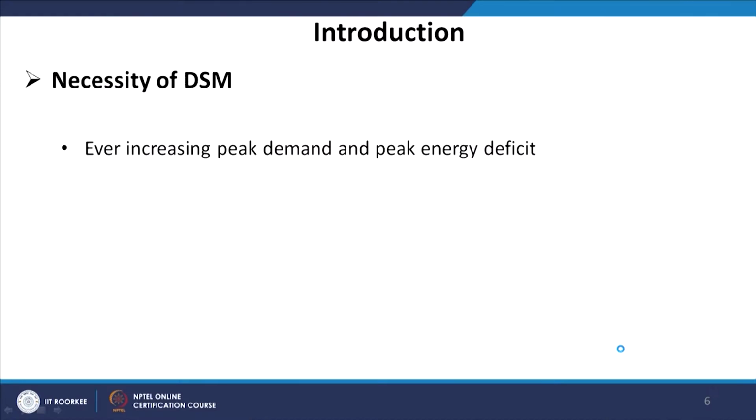Now, what is the necessity to go for DSM? Ever increasing peak demand and peak energy deficit. Very importantly, the peak energy requirement of any utility has to increase. That means, because the population has to increase, the per capita consumption has to increase, and modern devices come into action, and most of them do not necessarily consume less energy.